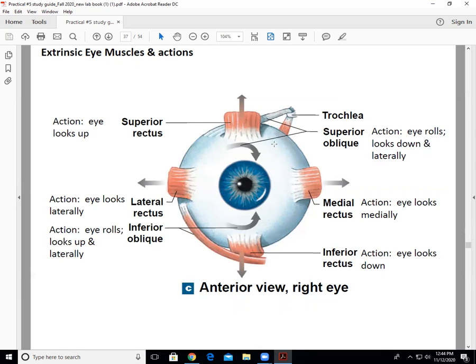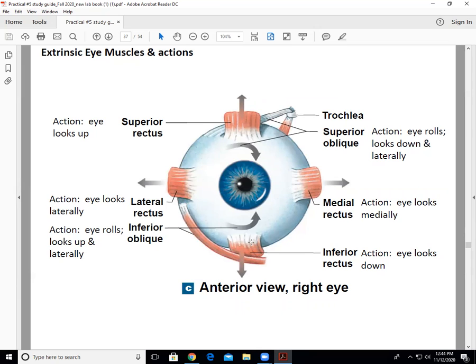If you're not sure, obviously you can tell the superior rectus and inferior rectus, but knowing whether it's lateral or medial, it's often helpful to look for the superior oblique and the inferior oblique to help orient you.